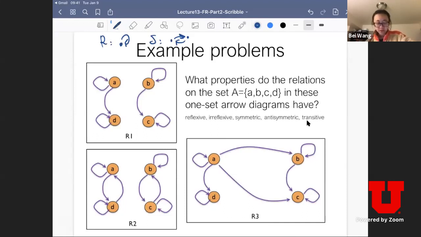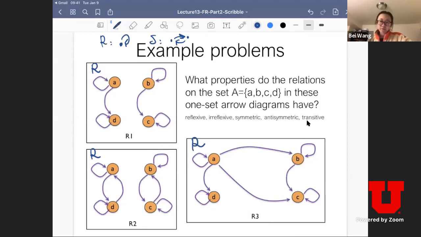Okay, so let's look at R1. Does every element have a self-loop? Yes, so it's reflexive. Let's look at R2. Does every element have a self-loop? Yes, so it's also reflexive. Same thing with R3. Does every element have a self-loop? The answer is yes, it's reflexive.